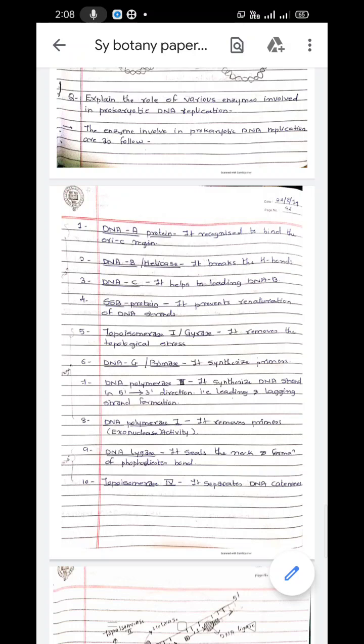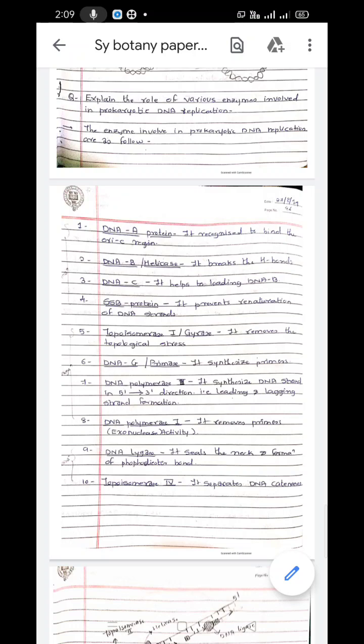Then the next enzyme used in this process is DnaG, which is also called the primase enzyme. These primase enzymes synthesize the primers. This enzyme is used in the second process, that is, the elongation.